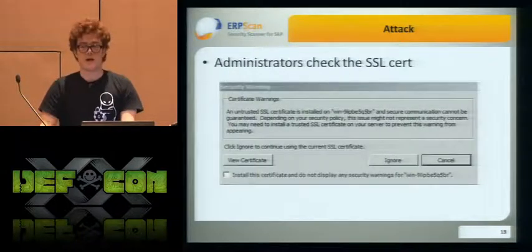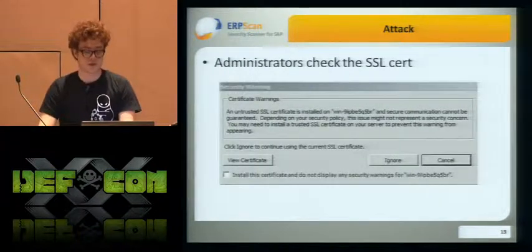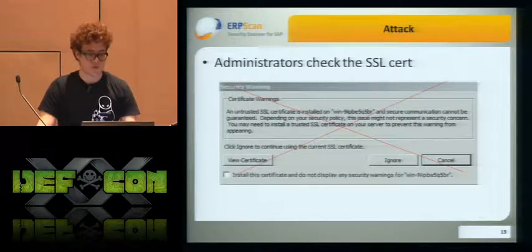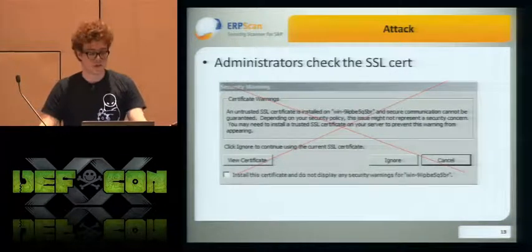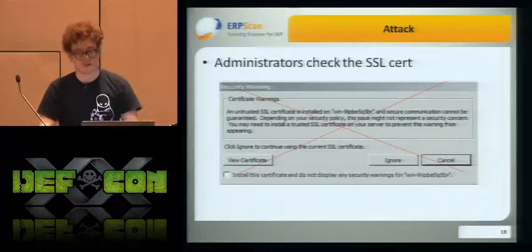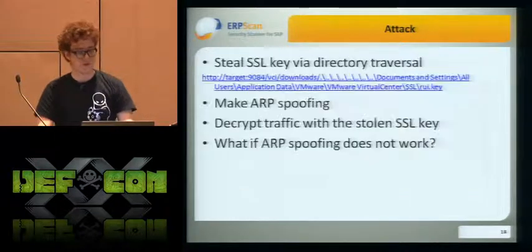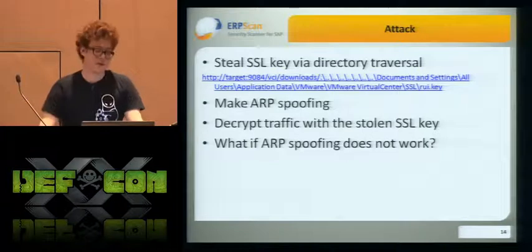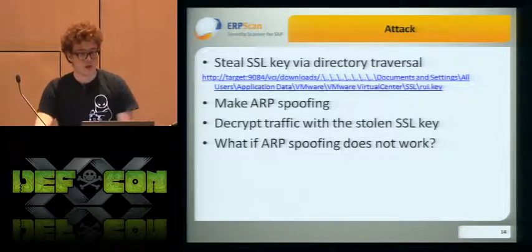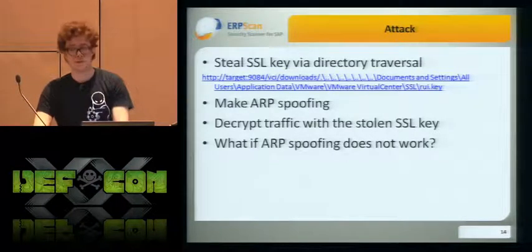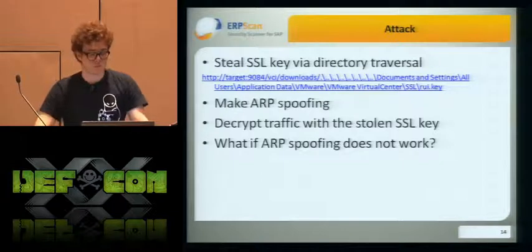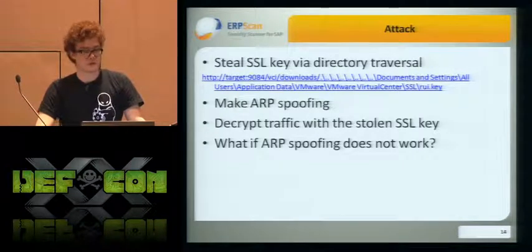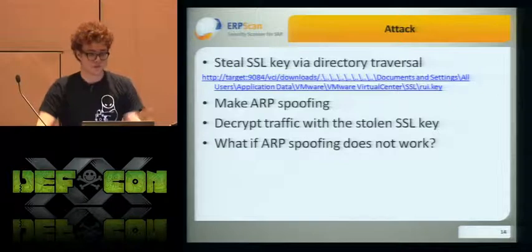But the administrators of this network were pretty clever, and they added the certificate to trusted and didn't clear the checkbox, so it doesn't work. So we found another way. We just steal the key via directory traversal and do ARP poisoning and decrypt the traffic. But what if ARP spoofing doesn't work?